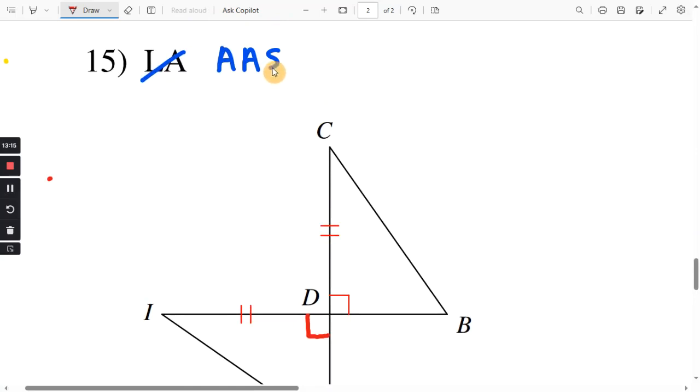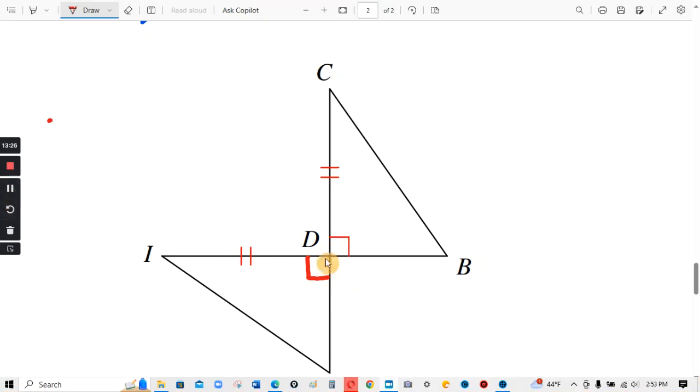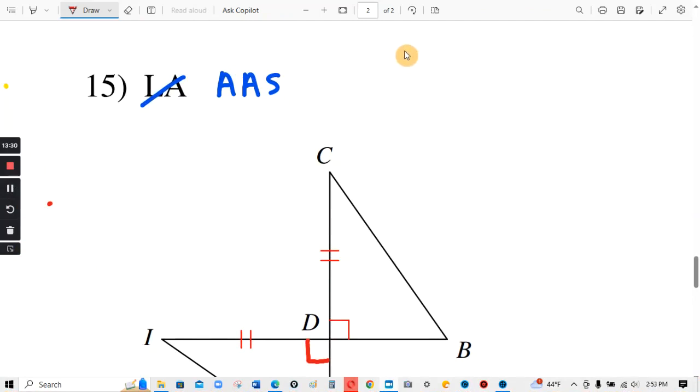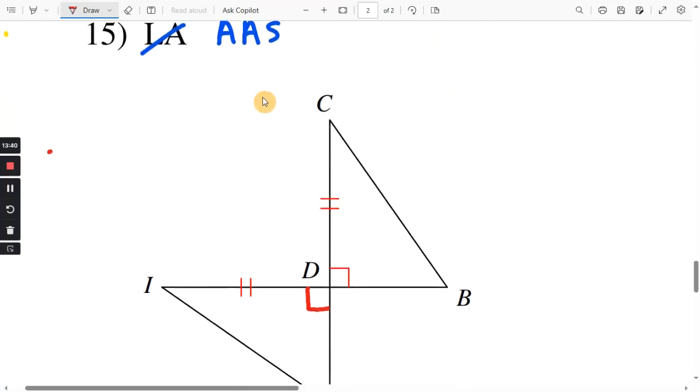Notice the side is not in between the two angles. We already have one side marked, and we already have one angle marked. Since we want two angles, we're going to look for the other angles that would have to be congruent in order to fulfill AAS.